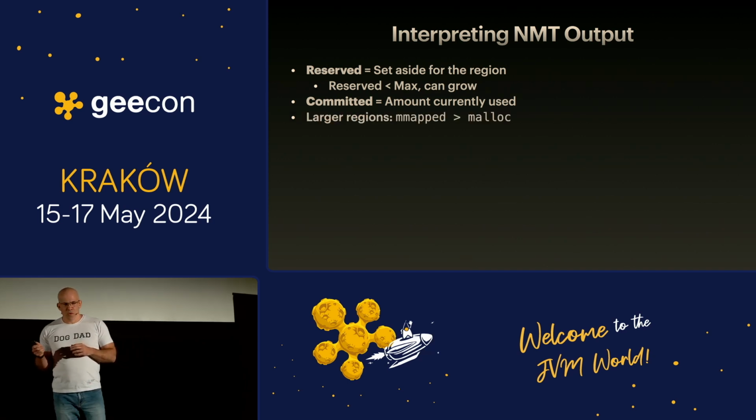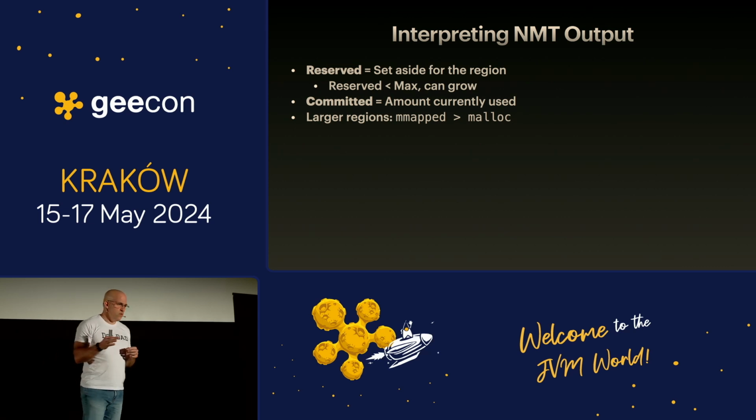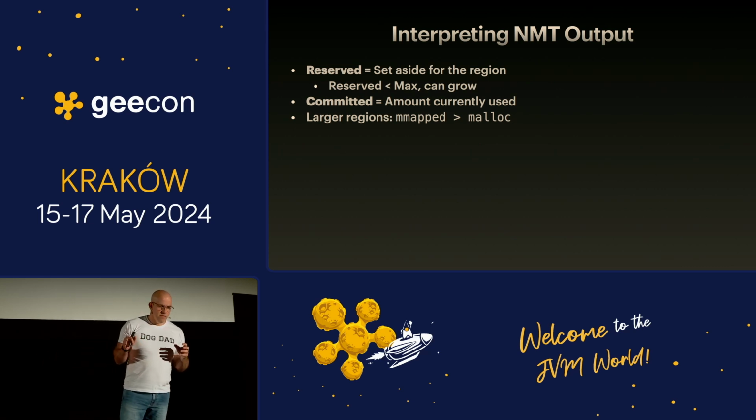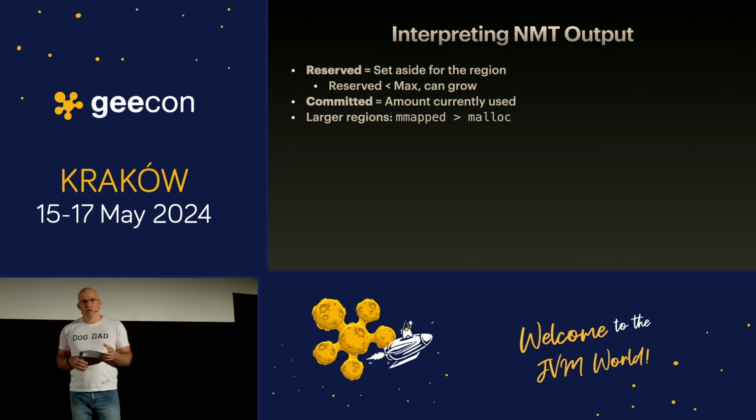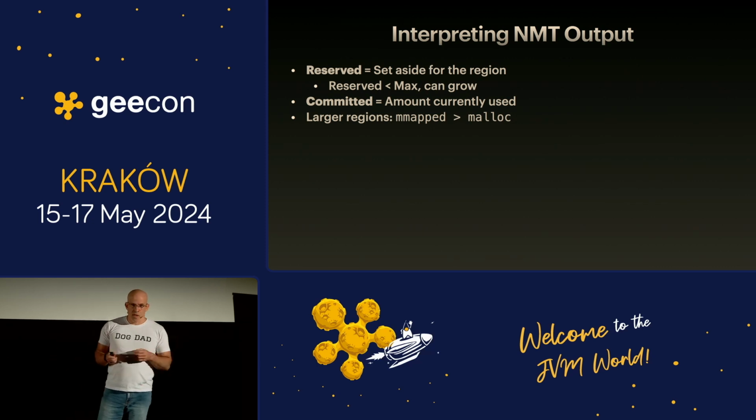You will notice that the larger regions use mmap rather than malloc. The general advice in the native world is if you can manage your own memory and you need large chunks of memory, you're going to use mmap. If you're just allocating small bits, you're going to use malloc. So that's why that breakdown is there.